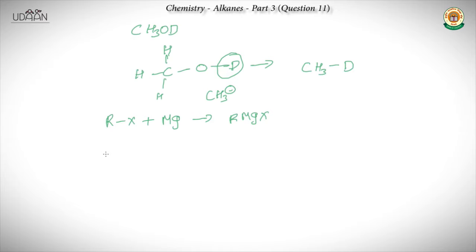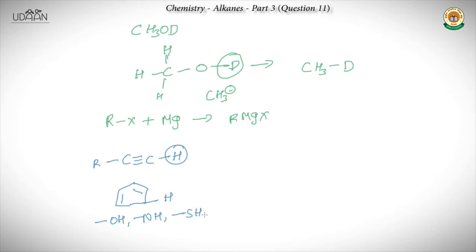Now, this Grignard accepts the hydrogens like OH, NH, SH, or acid, COOH.